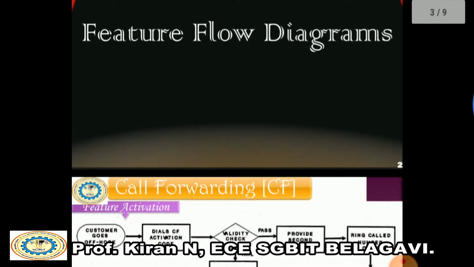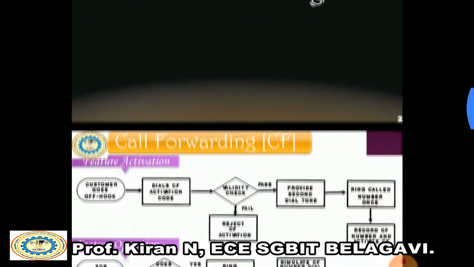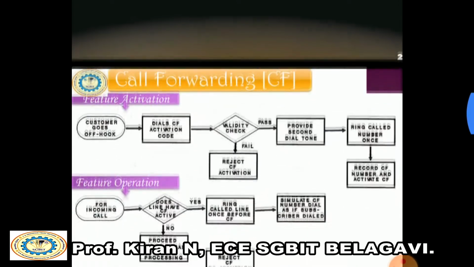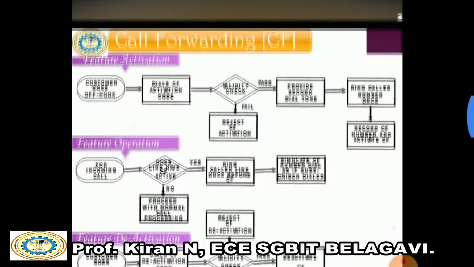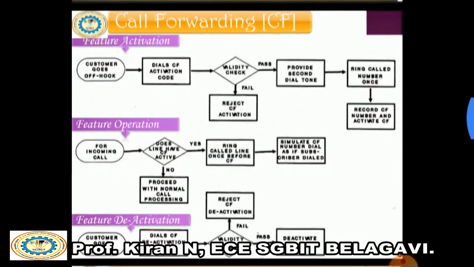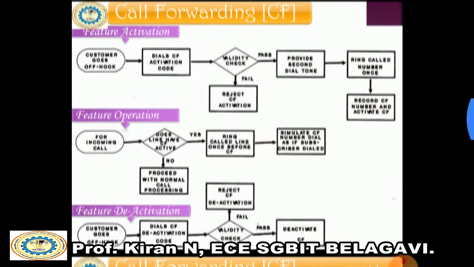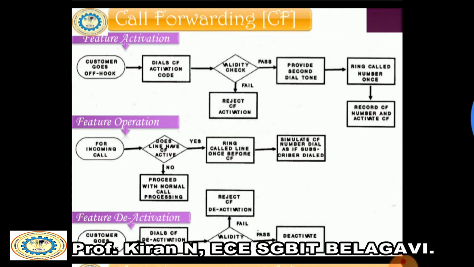First, we shall see what feature activation is. The flow diagram here represents the feature activation. This feature is activated only when the subscriber goes off hook and dials an activation code. So, to activate the feature, the customer first goes off hook, and then dials an activation code.